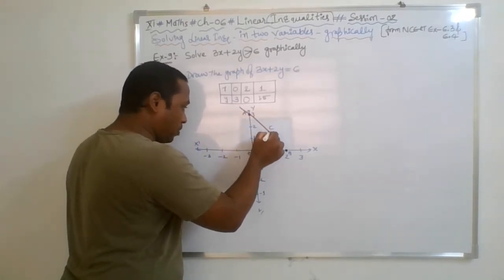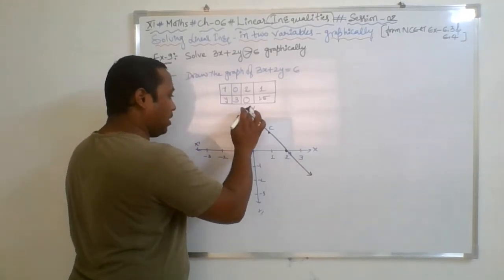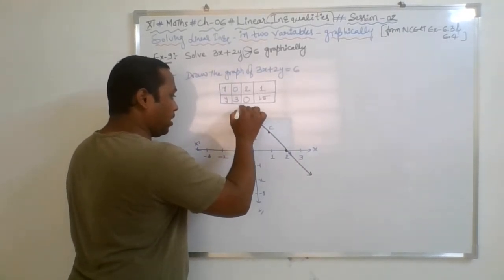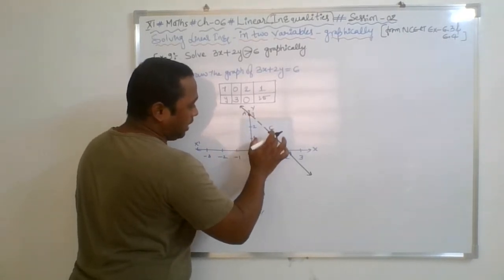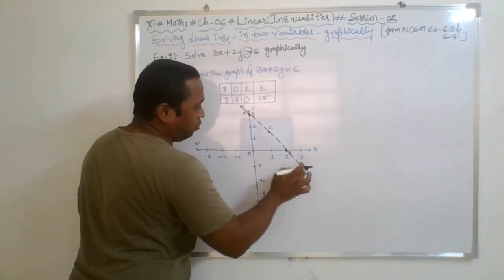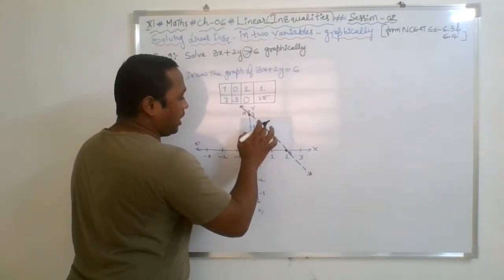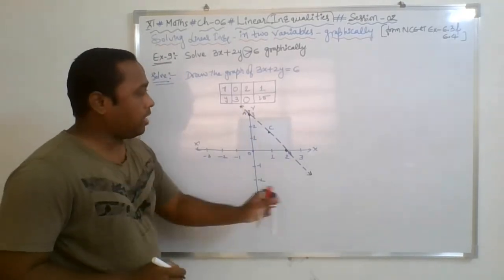Usually, because I'm using a marker, first I will join them like this, and thereafter I will simply erase the parts in between so that it looks like a broken line. Get it? So it's a dotted line.